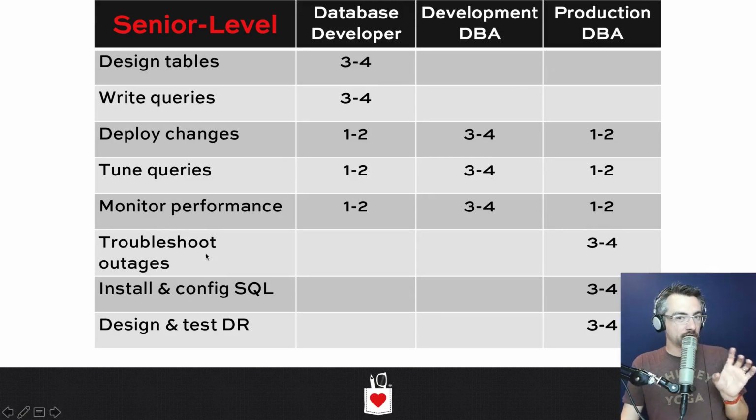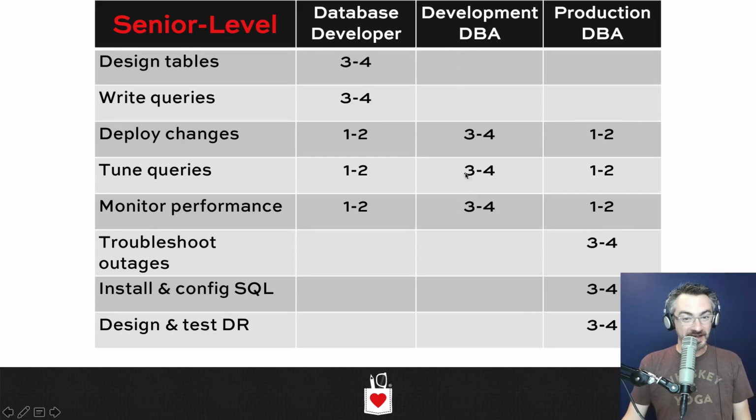You don't need to know the difference between different types of joins, for example, in order to troubleshoot an outage. I'd rather see someone take a real scientific approach on that. So if you hit the production DBA column and you're a senior, and if you can write a query, your knowledge is done. You don't need to go deeper into T-SQL to be in this column.